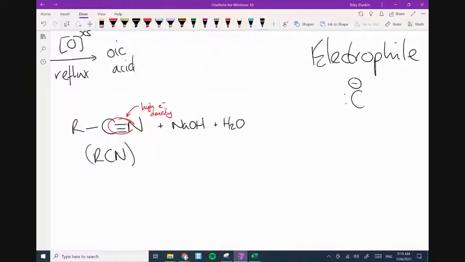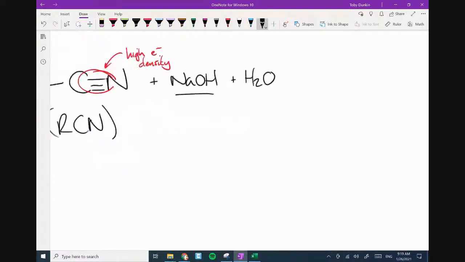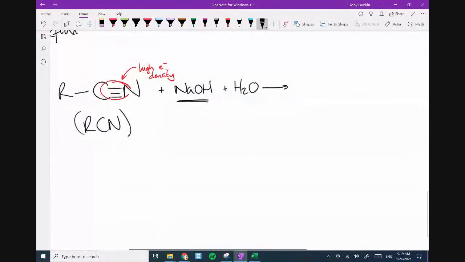What condition are we currently in? Alkali. What that means is we're not going to form the oic, are we? No. We're going to form the carboxylate salt.